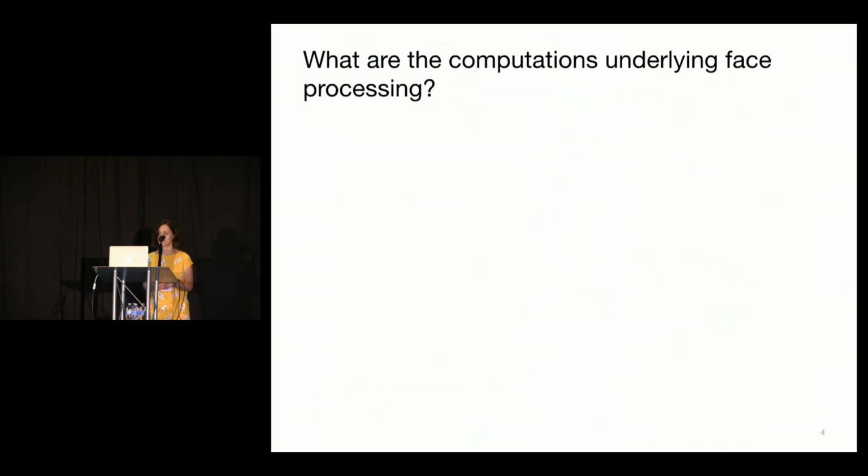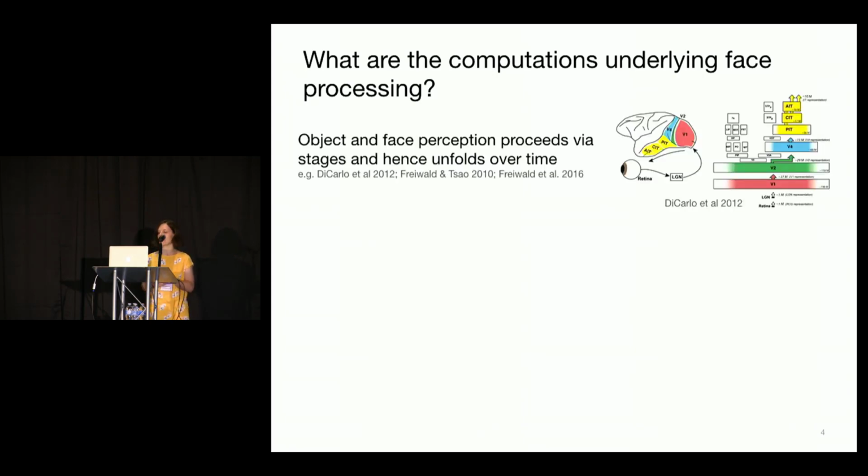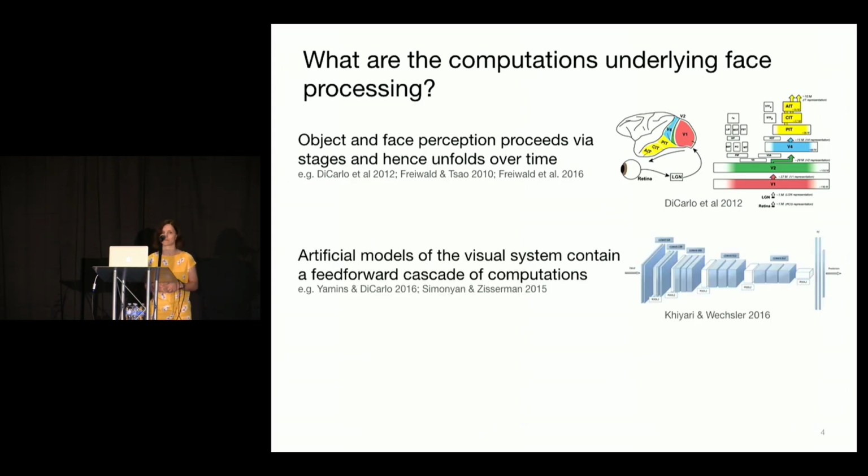So an understanding of face perception will ultimately entail an understanding of the computations of these processes. We know from monkey and human studies that object and face perception proceeds through various stages of transformations, and also successful artificial models, such as convolutional neural networks, contain a feed-forward cascade of transformations.